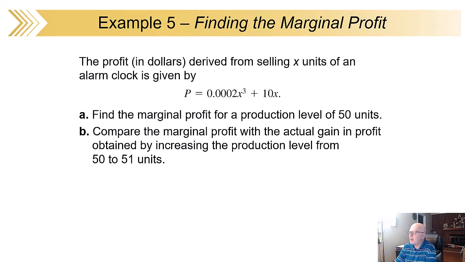So here we've got an example to play with. Finally, right? So we're talking about profit. Remember, that's total profit. Just a little bit of a reminder here. The total profit in dollars, not thousands of dollars, just dollars, from selling X units of an alarm clock. Here's our function.